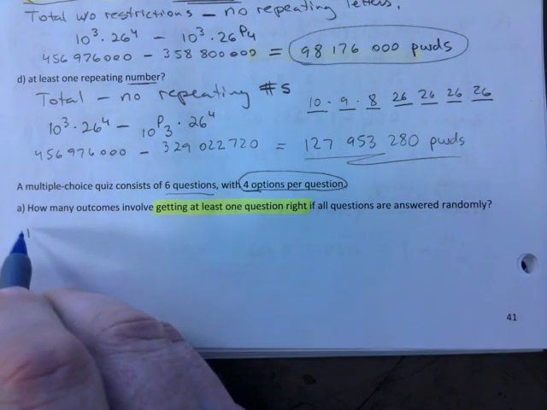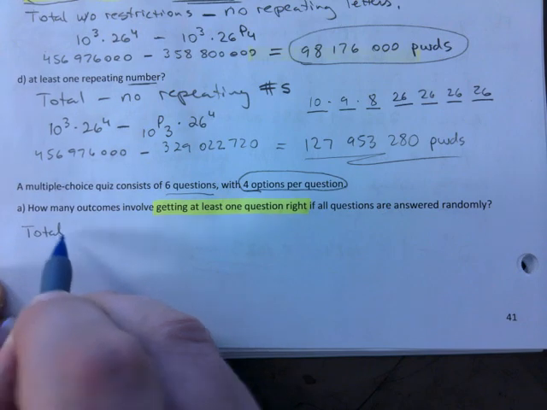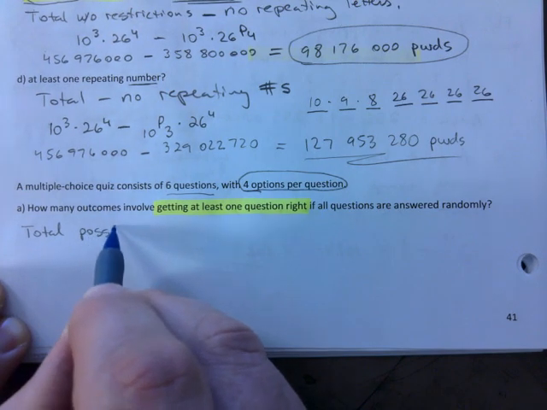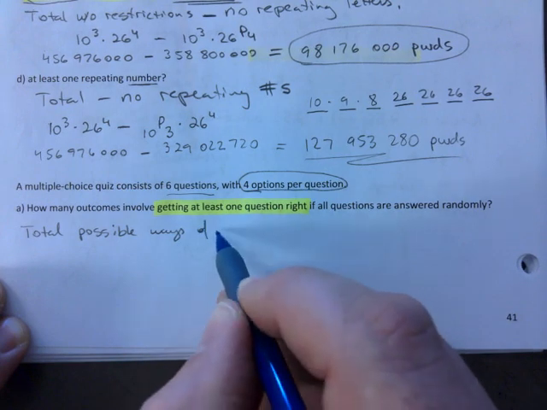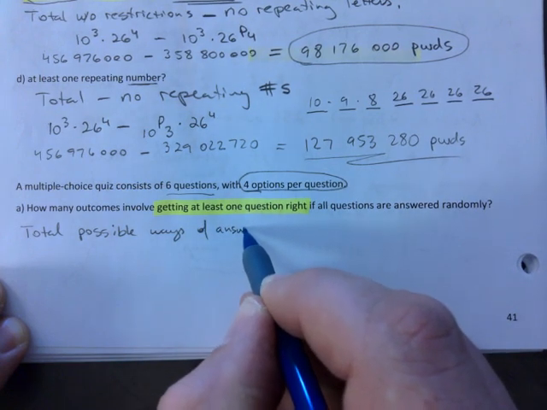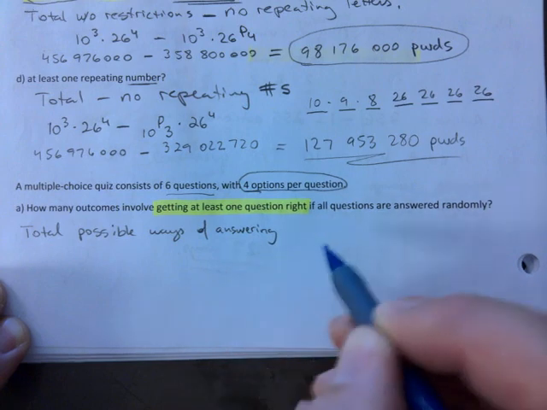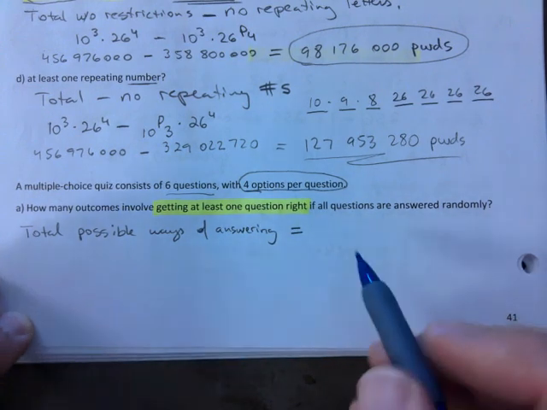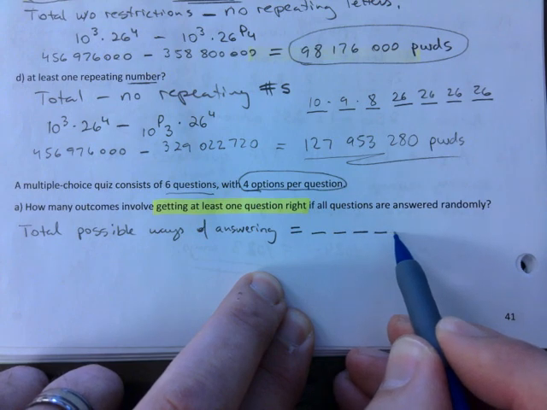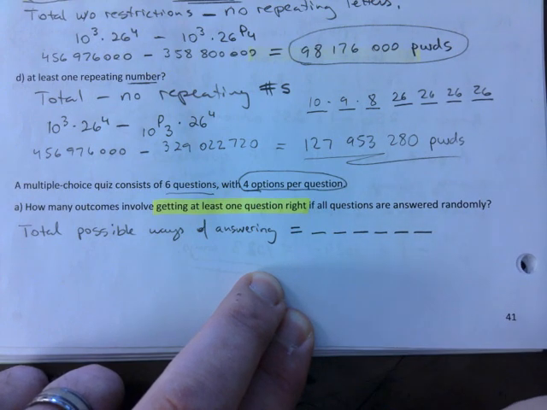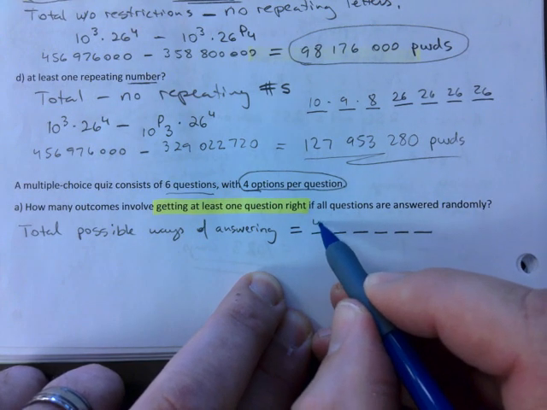I'm going to break this down. Total possible ways of answering. How many questions are there? 1, 2, 3, 4, 5, 6. How many options do you have? 4.